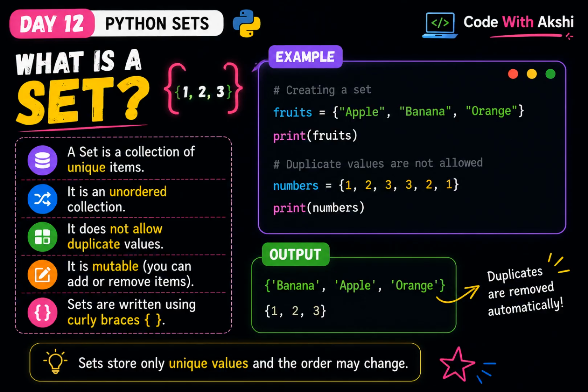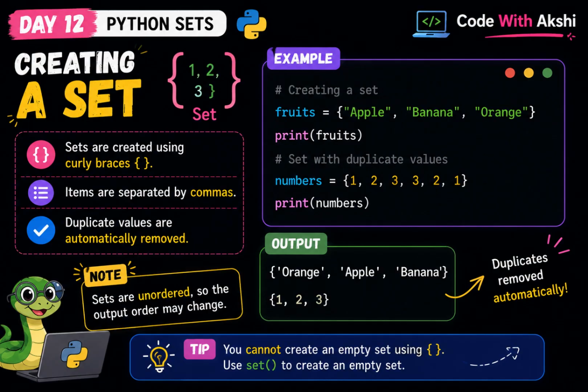In Python, sets are written using curly braces, as you can see like this. So, how to create a set? Creating a set is very simple. Just use curly braces and separate each item with commas. If you accidentally add duplicate values, Python will automatically remove them.